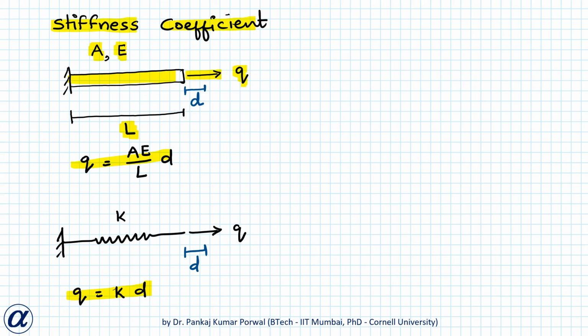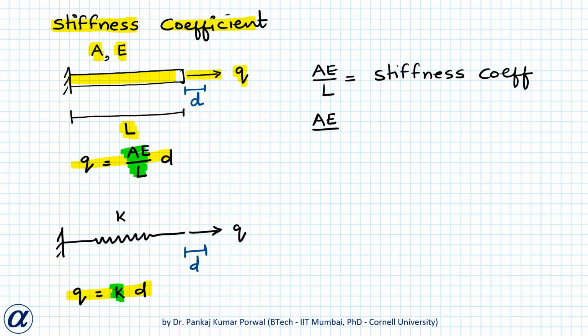In the case of bar, I have AE by L, and in the case of spring, I have K. In fact, these two are equivalent things, and because of that, we call AE by L the stiffness coefficient and use the same symbol to denote AE by L, that is K.